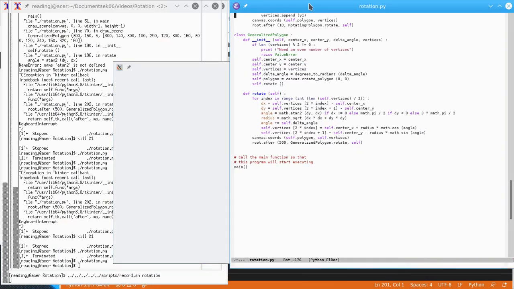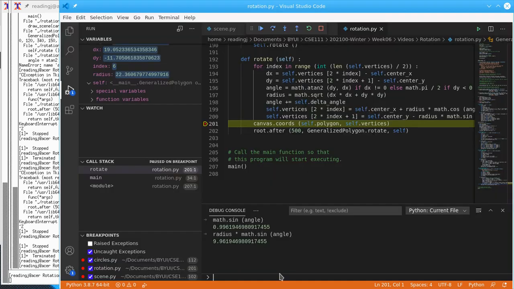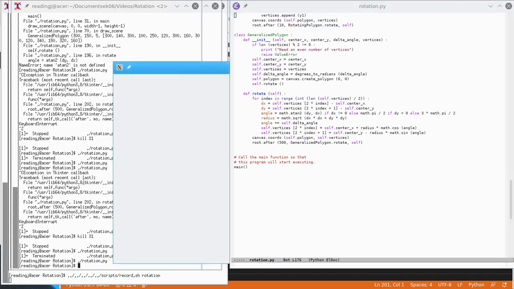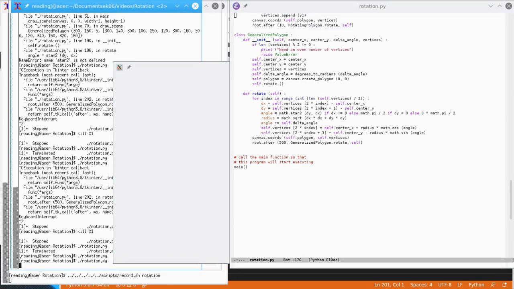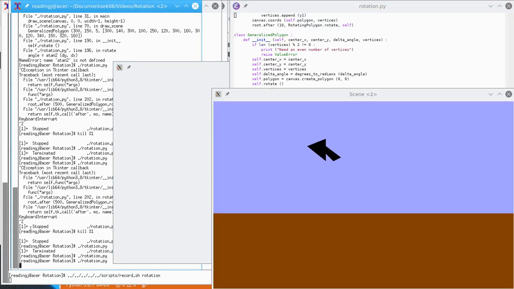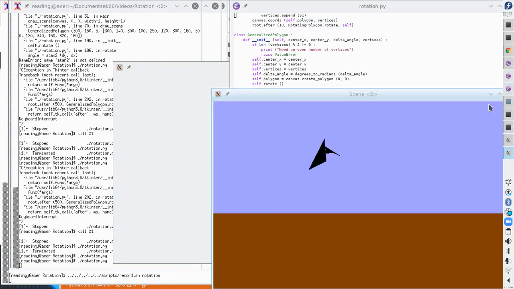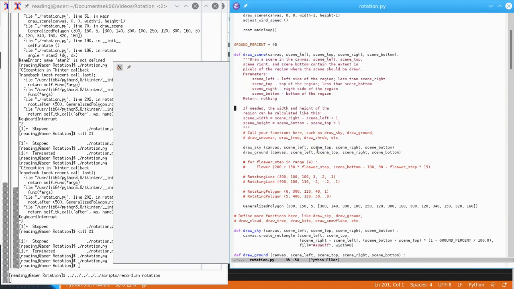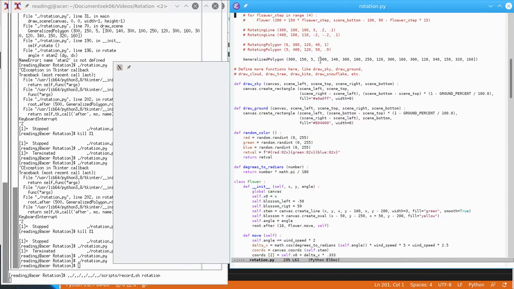Curses. So what can we do? It's every half second. Tell you what, let's do a simpler shape so we can kind of see what it's doing, alright? So I tried to do something complicated here, and that didn't work.